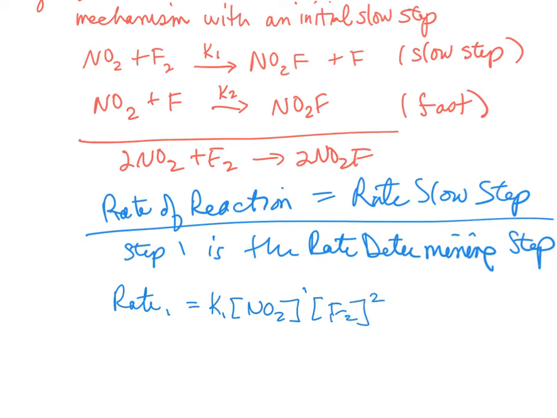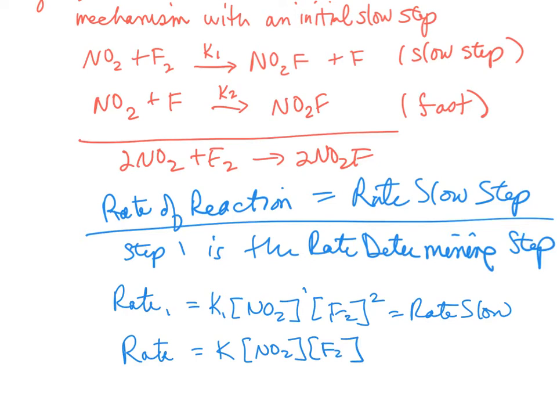And then this has to be equal to the rate of the slow step, which is the rate of the overall reaction. So in the end, you drop all those 1s and 2s, and you say the rate of the overall reaction, and you drop the 1 on the rate constant k, and then you come up with this as your final answer.